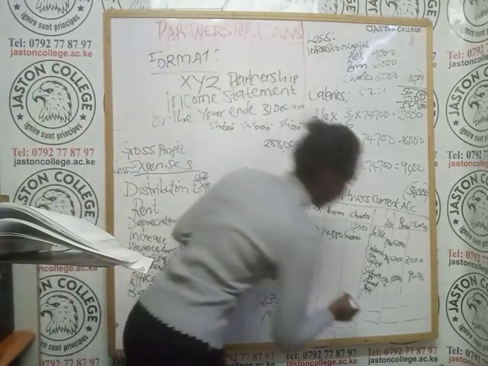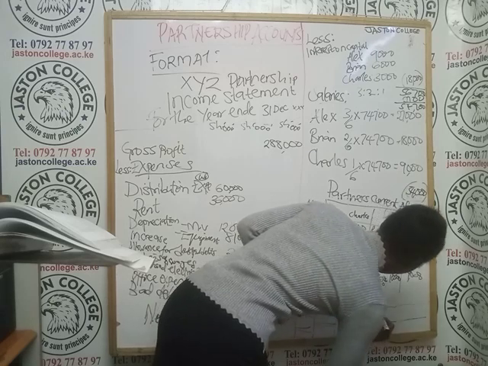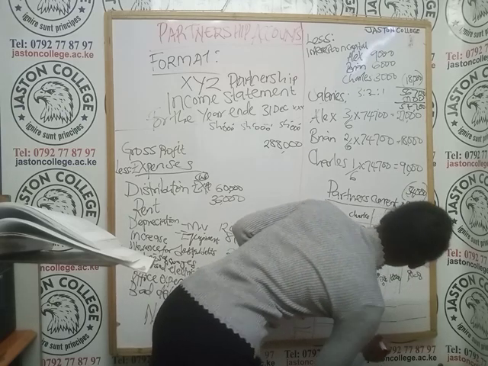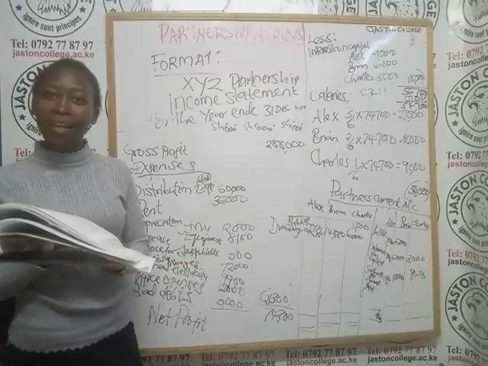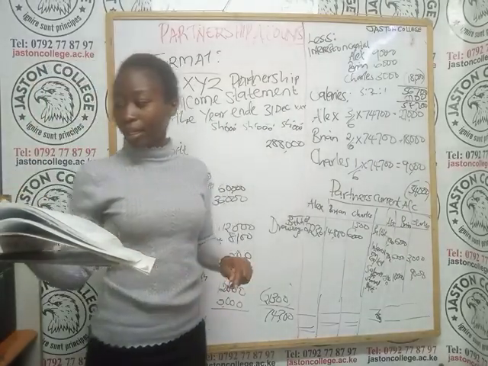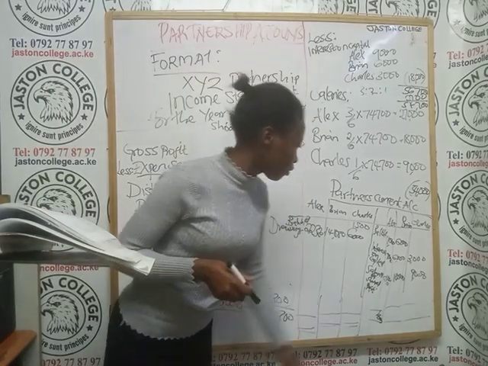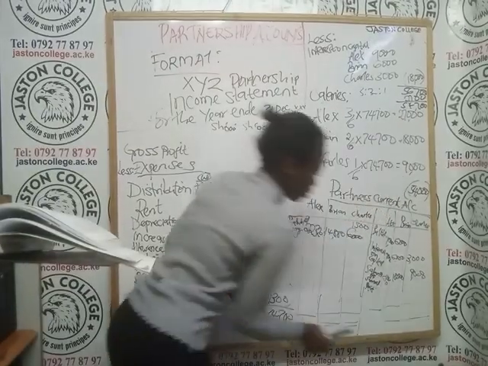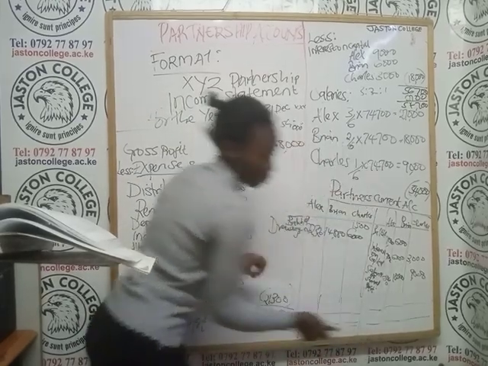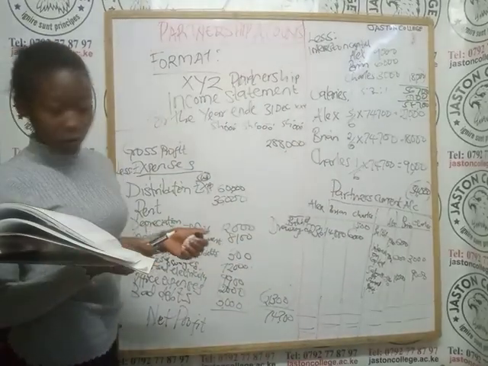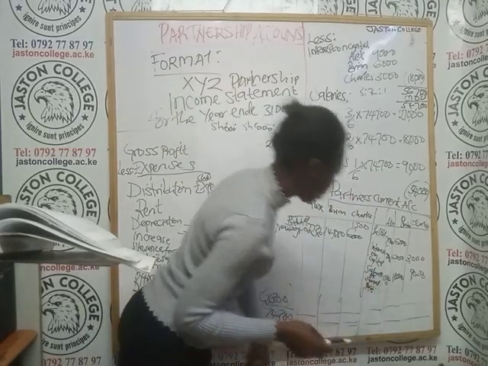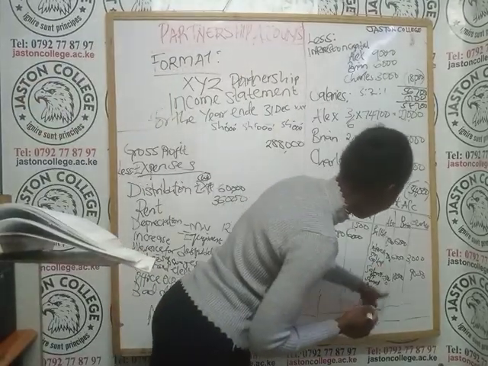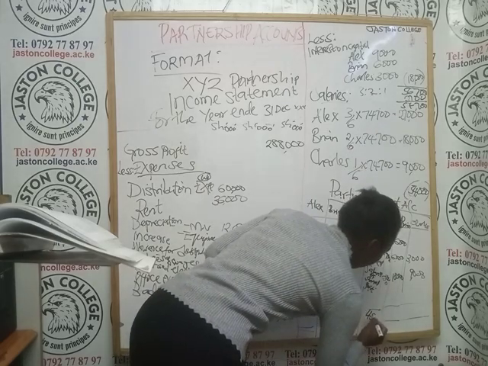So we will come here, we write 45,000 for Alex.